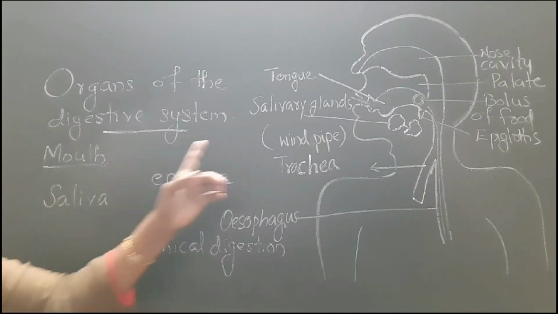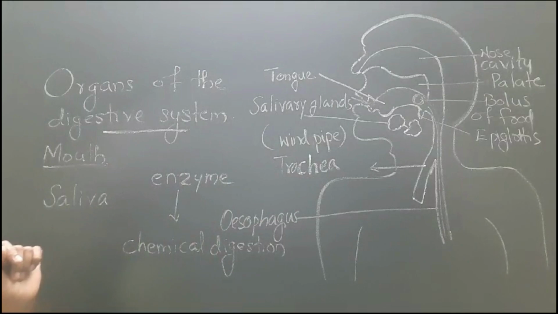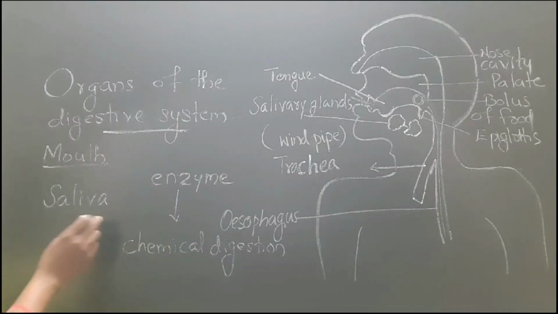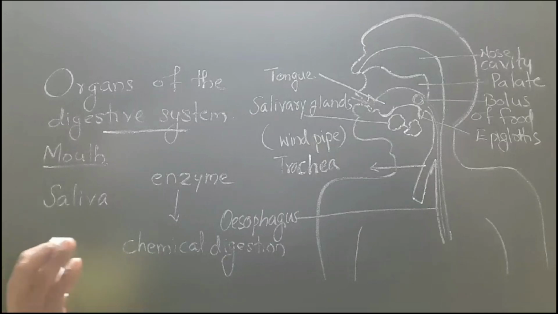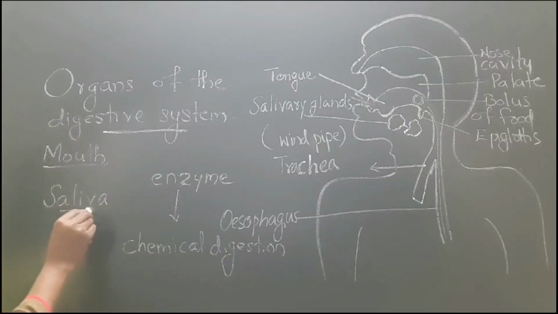Now in the mouth, there are salivary glands. These salivary glands produce saliva.